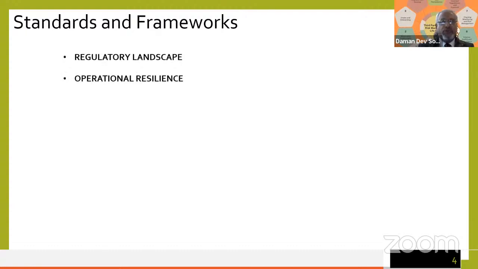There's a lot of focus in last 3-4 years on operational resilience. There are many countries that have issued mandates and guidelines. I'm going to touch upon about 10 known to me.